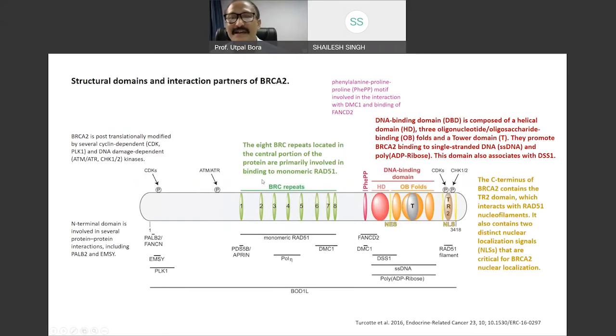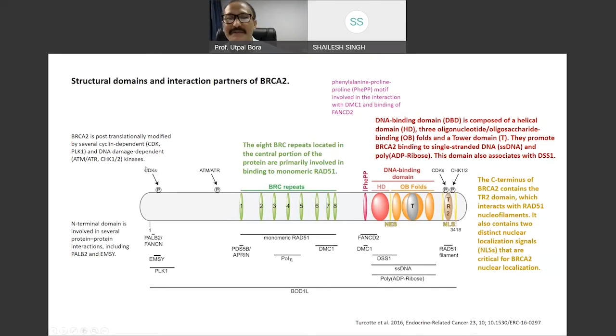This is the BRCA2 protein, and you can see there are so many structural domains in the N terminus and in the C terminus. We will not discuss this protein in detail because my idea here is to show you only 2 things: one is the cooperativity, another is the DNA binding domain.